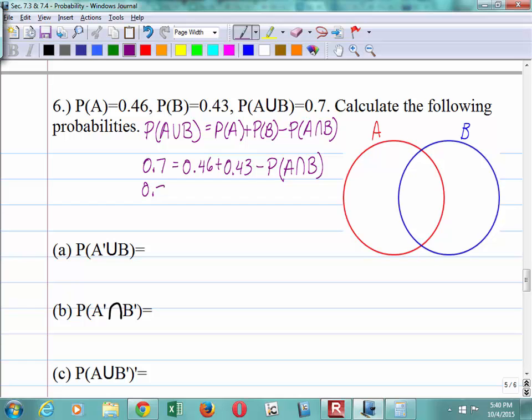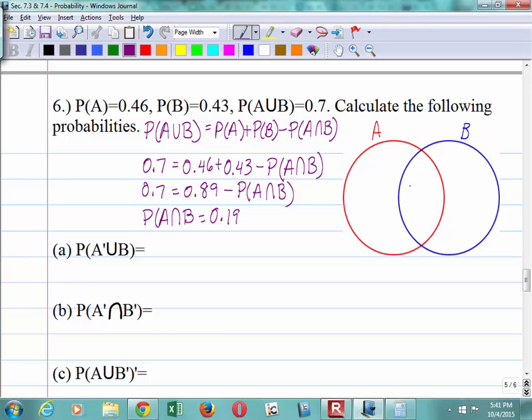So 0.7 equals 0.89 minus the probability of A intersection B. That tells me that the probability of A intersection with B must be equal to 0.19.